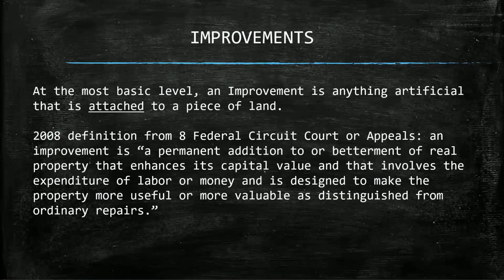That's not the one that controls Texas, but it's a good definition. And they say, an improvement is a permanent addition to or a betterment of real property that enhances its capital value and that involves the expenditure of labor or money and is designed to make the property more useful or more valuable as distinguished from ordinary repairs.